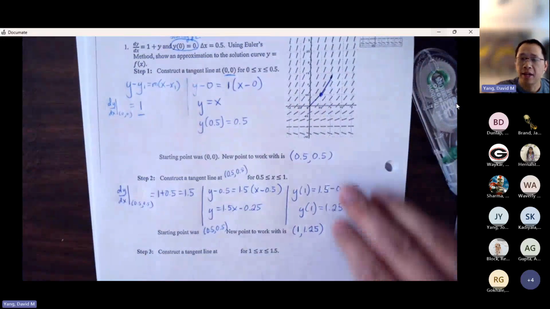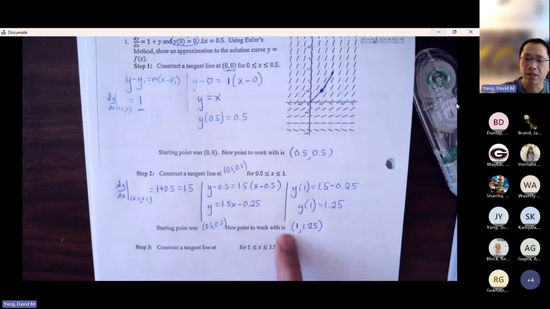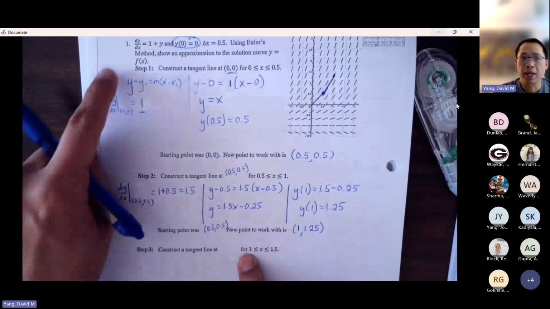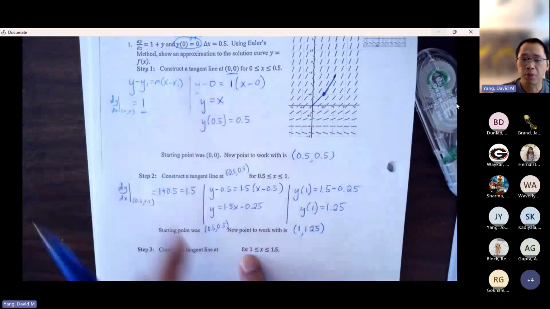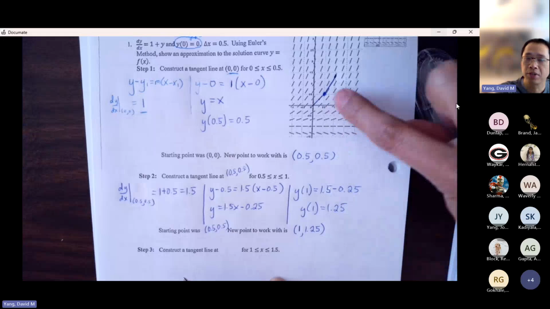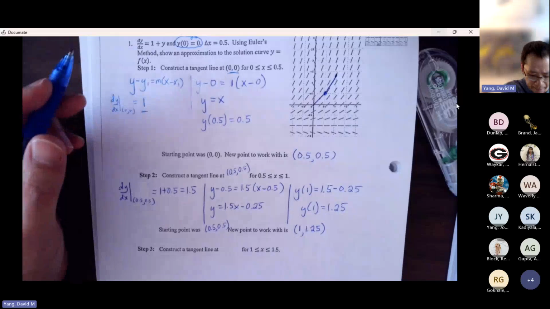So now our last step is we're just repeating the same process here. We're taking our next ordered pair, plugging it into our derivative to get our slope, and then plugging 1.5 into our equation to get our approximation using this method.